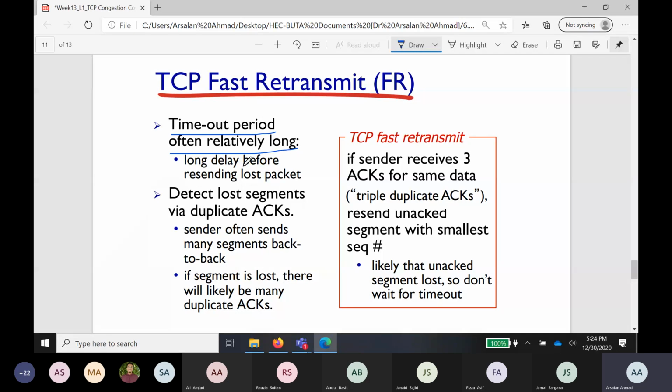So there is another technique, a very good one, which ensures that most likely the segment has been lost. And this technique is that you detect segment loss, yes, with the help of timeout, but you detect segment loss before the timeout via duplicate acknowledgements.